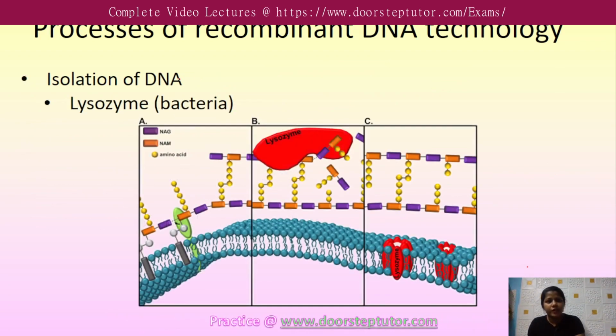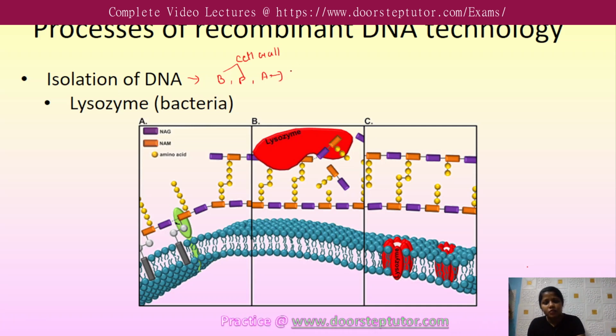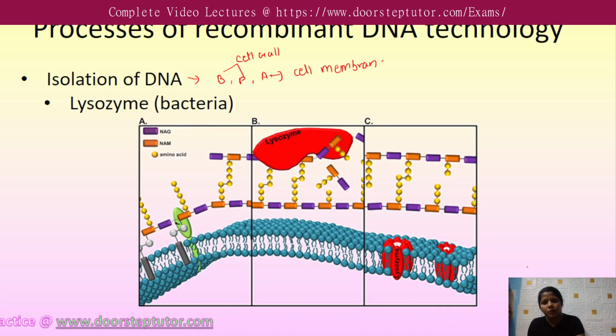First, isolation of DNA. As we know, DNA is isolated from the bacteria, plant, or animal cell, right? So we need to break the cell wall present in both bacteria and plant, and in case of animal, only the cell membrane is there, not the cell wall. In case of bacteria, we use the enzyme lysozyme.